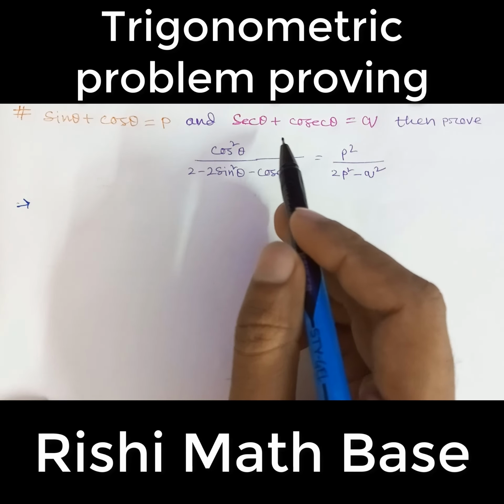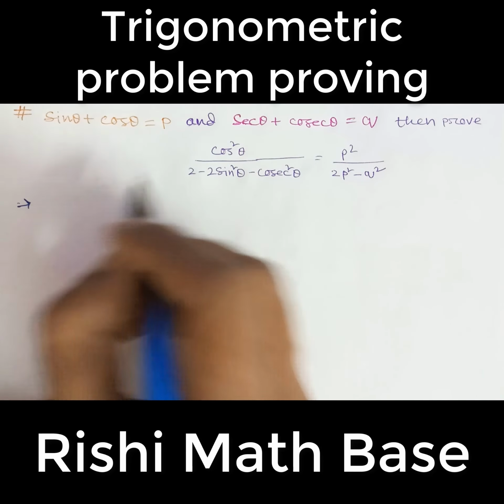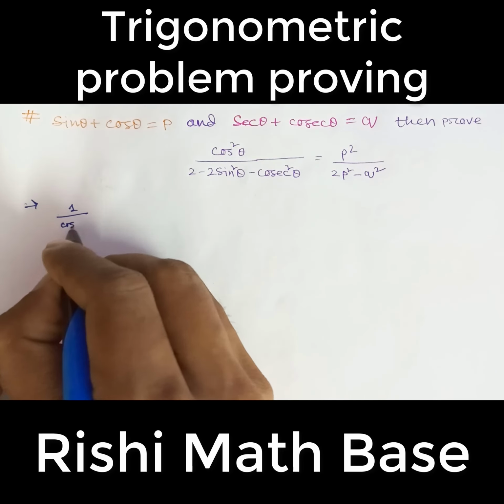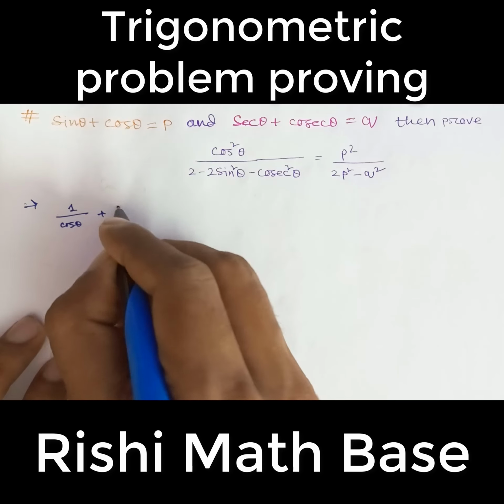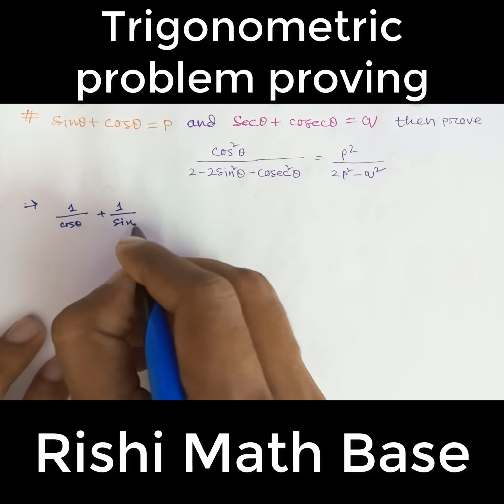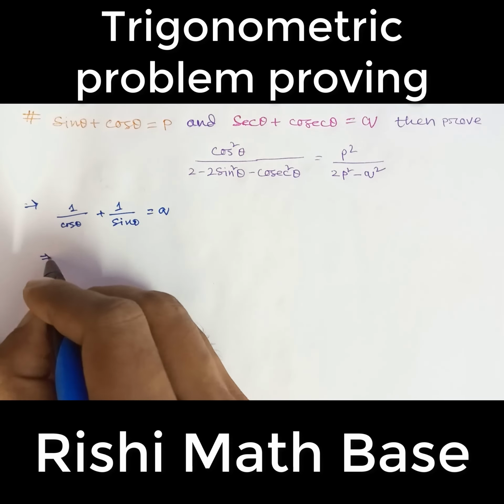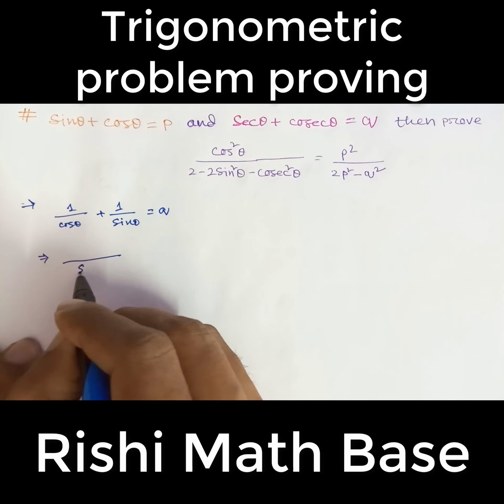First of all, we will modify this equation. We can write sec theta as 1 by cos theta plus 1 by sin theta, that is equals to q. The LCM is sin theta cos theta.